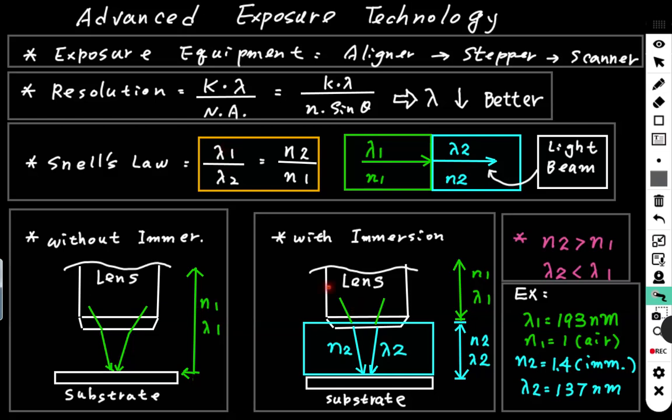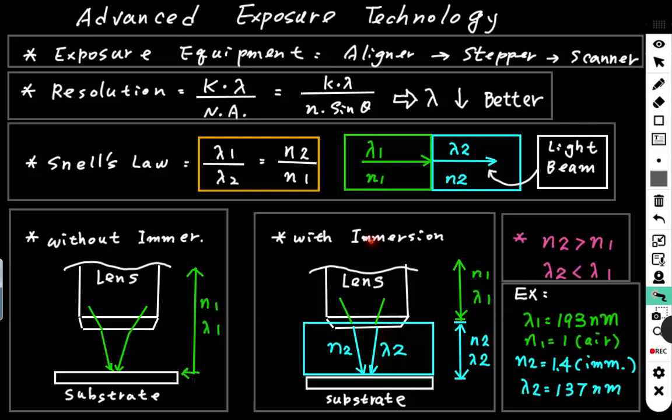So we add the immersion liquid between the lens and the subject. For the immersion liquid, N2 is bigger than N1. So we get lambda 2 smaller than lambda 1. So we achieve the goal, lambda 2 smaller.